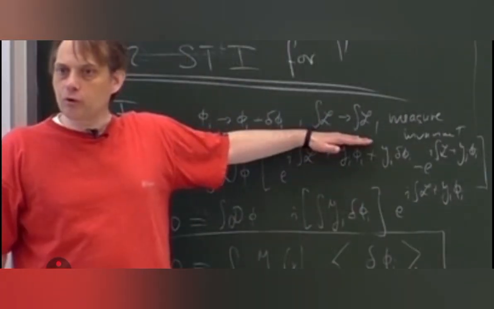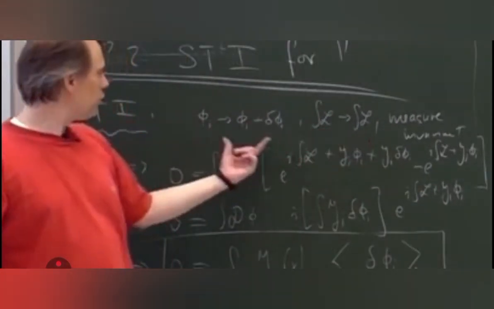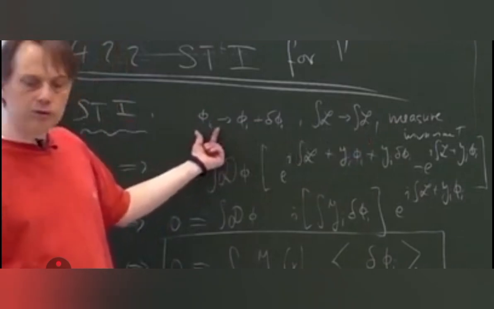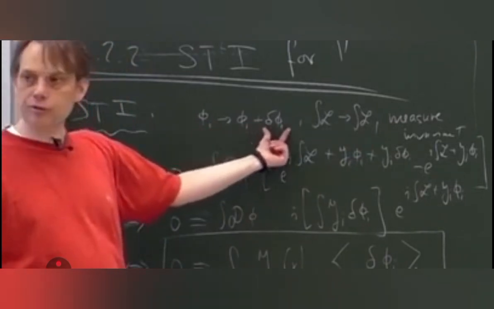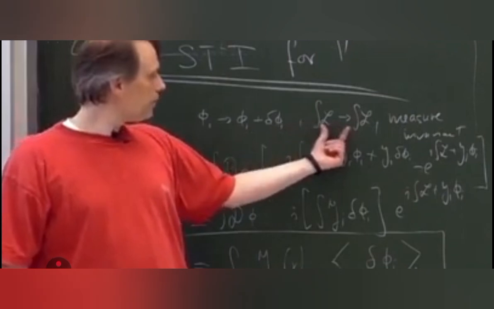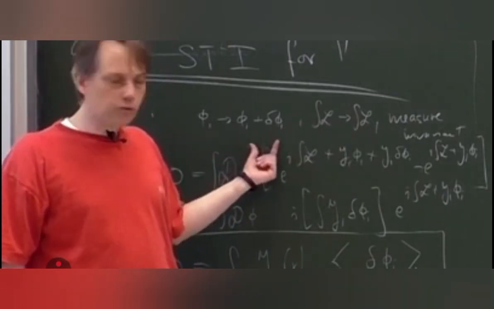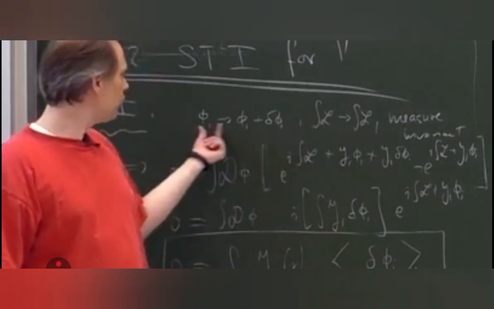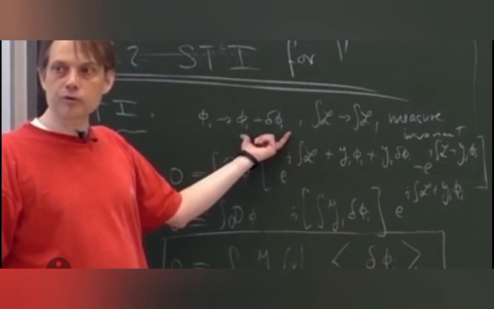Because what was the starting point? We had a symmetry of classical fields, phi goes to phi plus delta phi, and the classical action is invariant under that symmetry. So therefore, if you plug into the action this field or that field, you get the same. And so here you have the same.